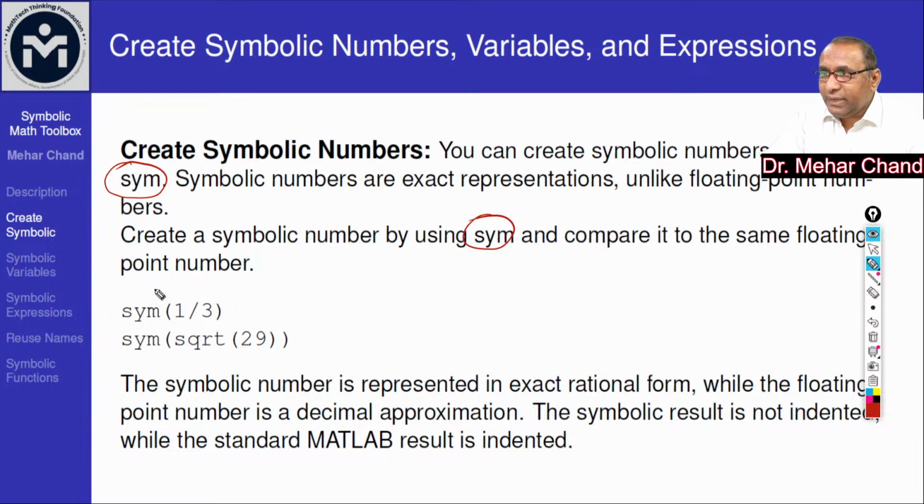Okay, see here, this is the MATLAB code. Note this point. If you use the sym function for the number 1/3, I will do all these experiments in MATLAB also, so that you can understand all these symbolic numbers and symbolic variables, and this will help you in many ways.